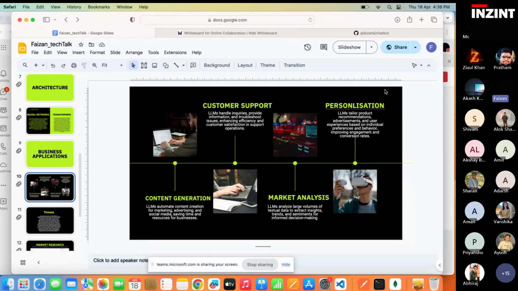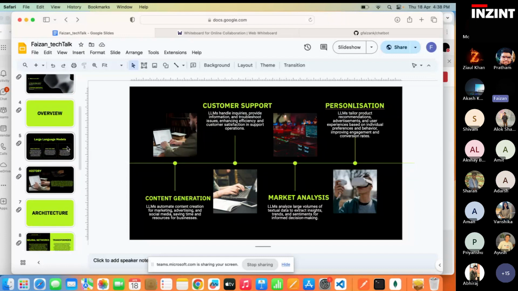Exactly. This improves the conversion rate by presenting users with products or services that align with their interests and needs. So the crux is that by integrating LLMs into personalization strategies, businesses can enhance customer satisfaction, loyalty, and ultimately drive revenue growth through more effective marketing and sales initiatives. So this was one of the benefits of integrating LLMs into business models and business applications.